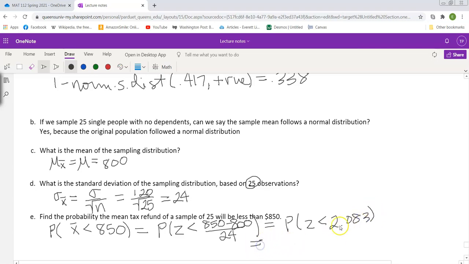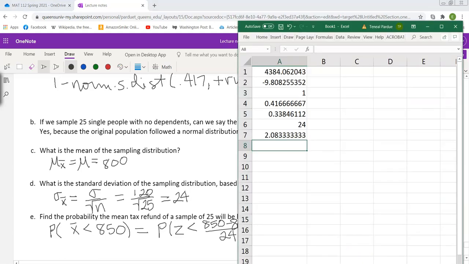And that's less than, so that's just going to be NORM.S.DIST of 2.083, true. And let's see what we get.